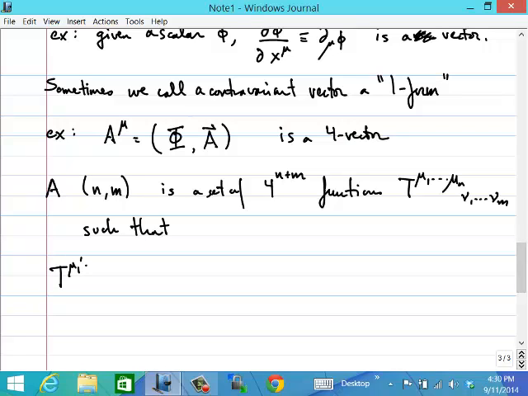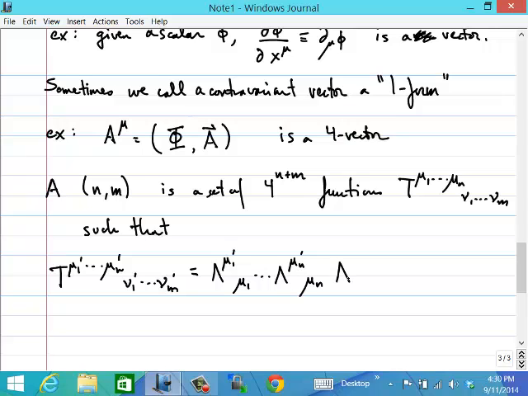So in some new primed coordinates, for every upper index we get one of these Lorentz transformation matrices.